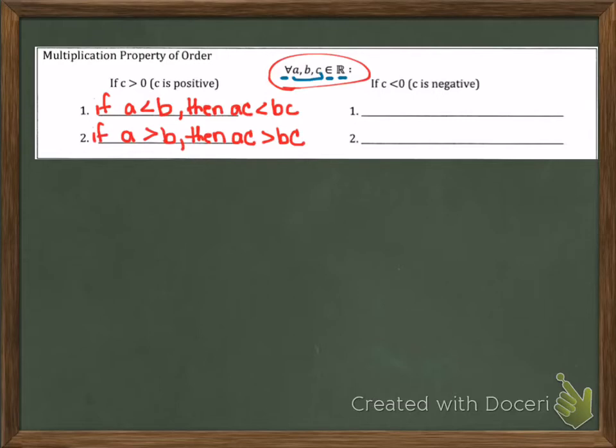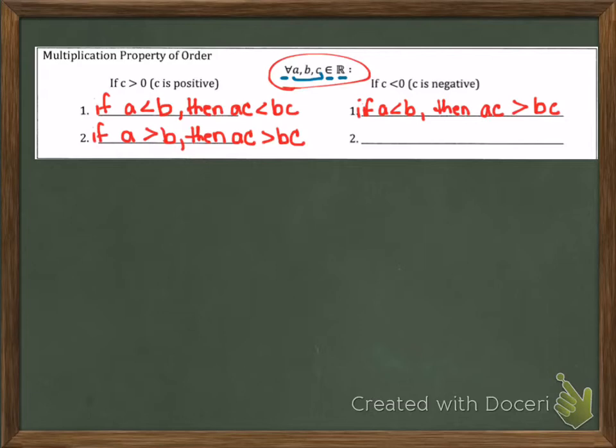And then we move to if C is less than 0, that means C is a negative. So if we have A is less than B, then AC is greater than BC.